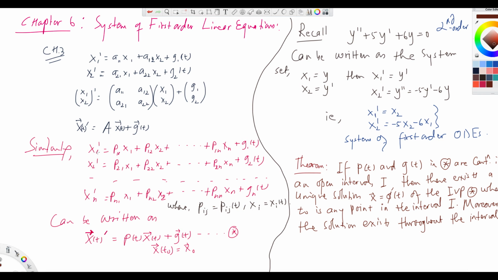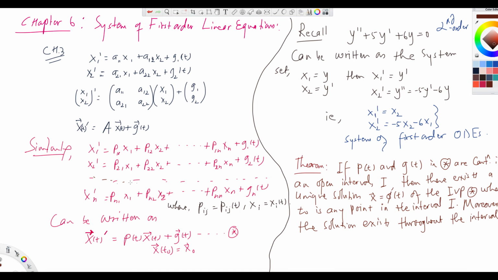So if there are n differential equations, you see that x1 prime equals p11 x1 plus p12 x2 plus and so on, plus p1n xn plus g1. This is the non-homogeneous term on the right side. And x2 prime is p21 x1 plus p22 x2, and so on.